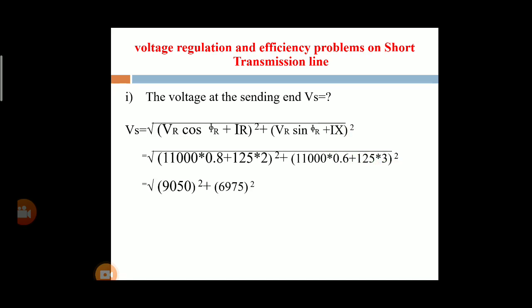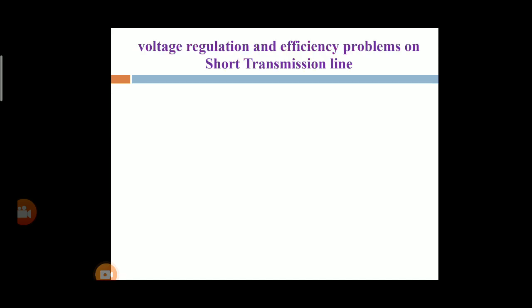Then simplify this equation and we find out Vs. The sending end voltage is equal to 11,426 volts, while the receiving end voltage is 11,000 volts. This is the first bit, the sending end voltage.